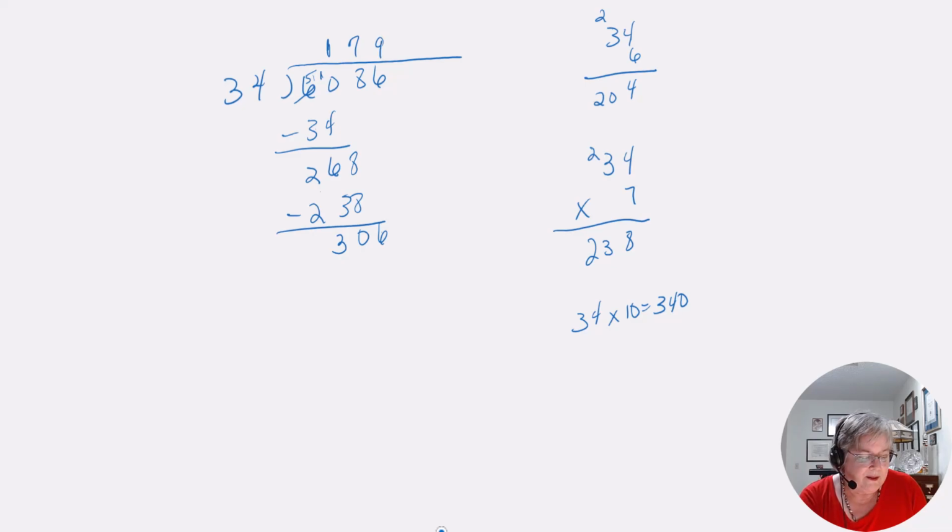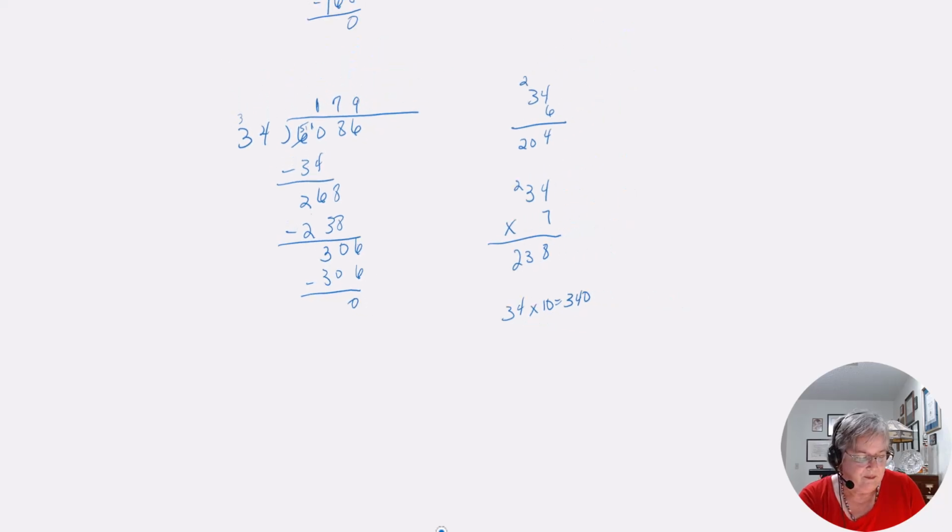And when you multiply this out, you give it a try. Okay, so stop the video and see how you're doing and give it a try. All right, then here we go. 9 times 4 is 36, so you write the 6 down. Carry the 3. 9 times 3 is 27, plus 3 is 30, and this has a remainder of 0.